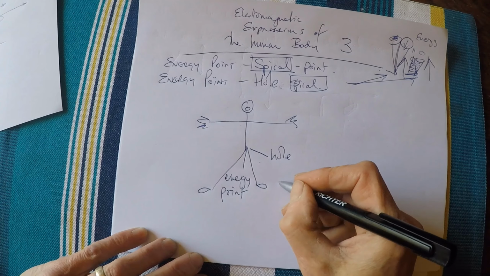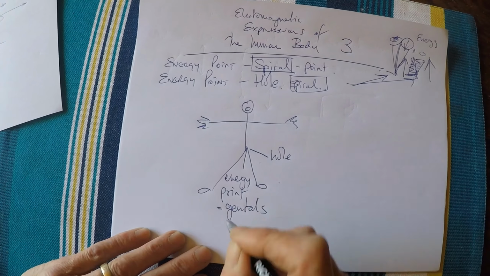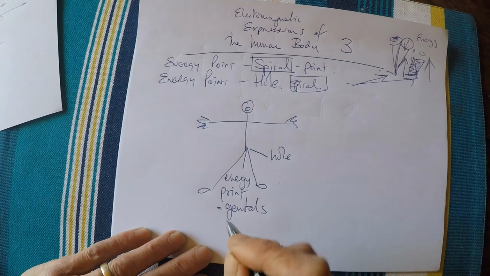Where are they? Well, the energy point here is genitals, and it's either a point in or a point out. Vagina, penis. One is in, one is out, but it is an energy point for DNA reproduction. Now, this is the first inertial line on the human body. Okay, that's what we're going to be talking about. Where the inertial line is on the human body.